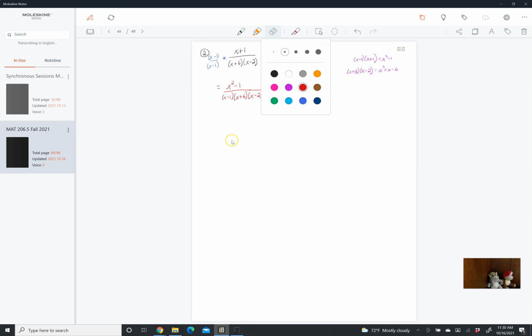What you could have done is write this as one fraction, x squared minus 1 plus x squared plus x minus 6 over this denominator once. So write it as one fraction instead of these 2 fractions and then adding.